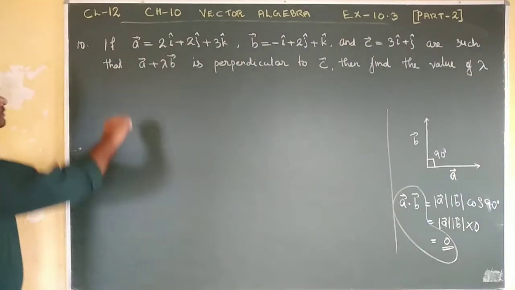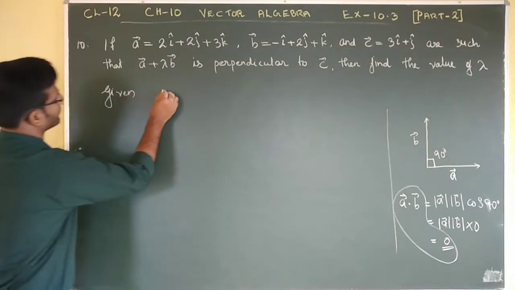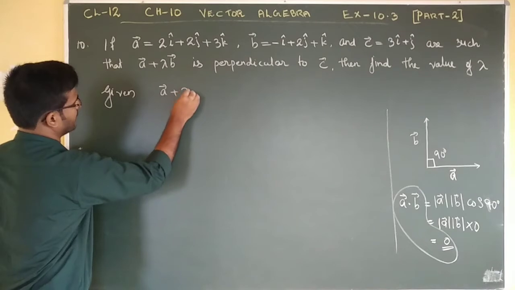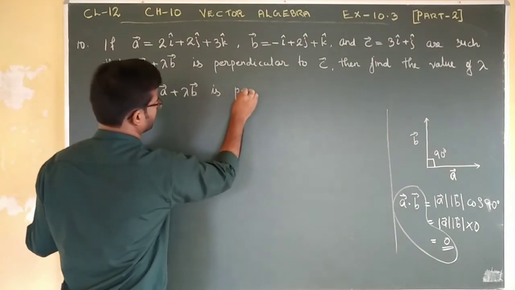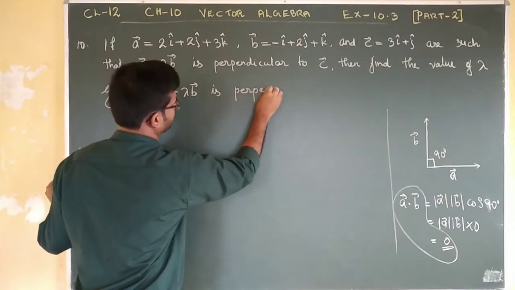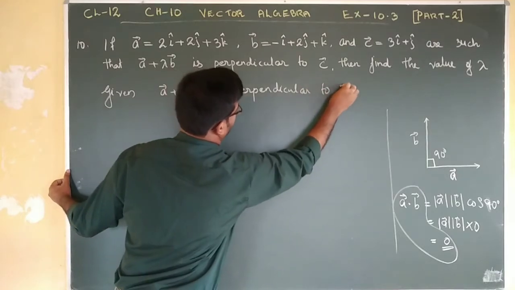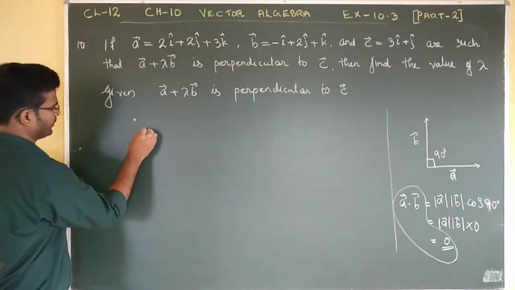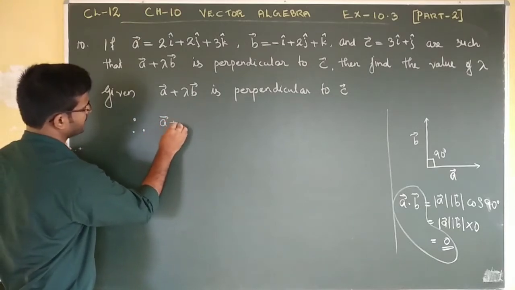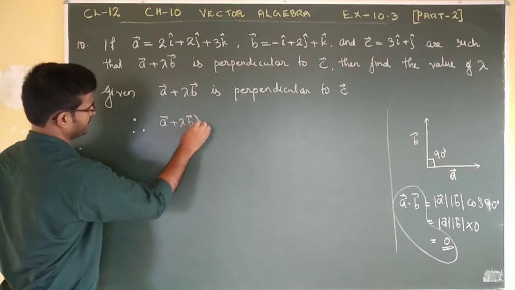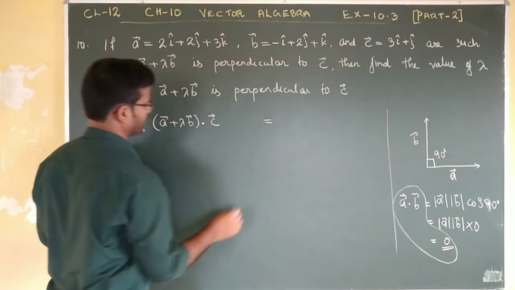First, we can write, given a vector plus lambda b vector is perpendicular to c vector. Therefore, what can we write? a vector plus lambda b vector dot c vector equal to what will you get?